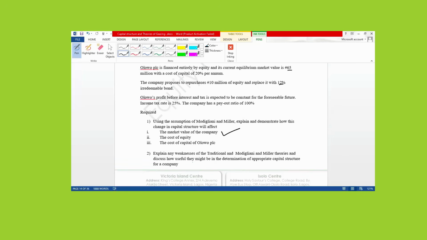You are going to pick the traditional theory of capital structure. What are the limitations? What is the usefulness of this theory when it comes to capital structure determination?